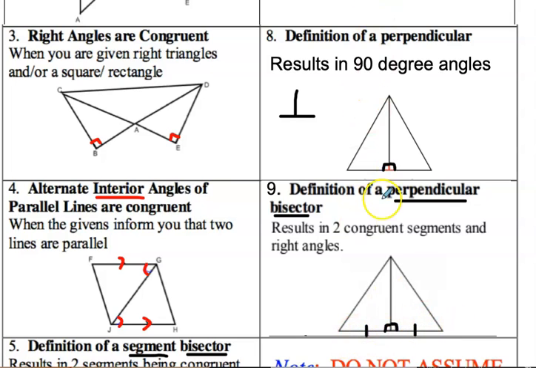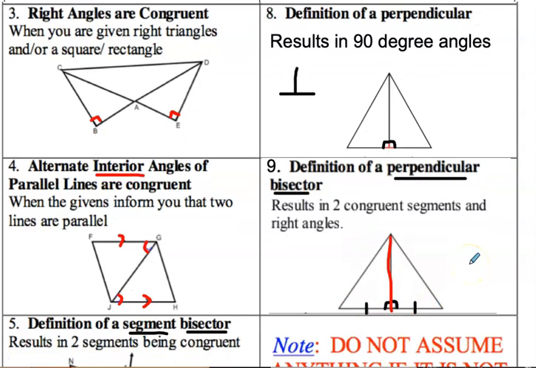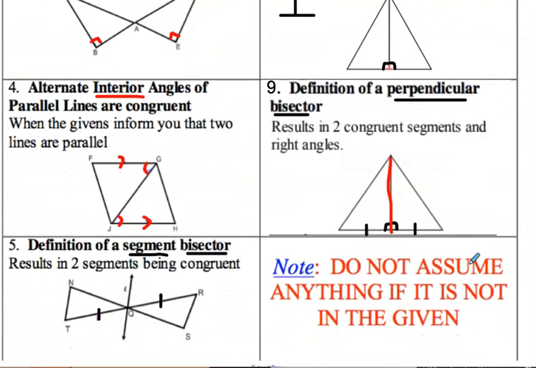So for example, this line right here is perpendicular, so it made 90-degree angles, and then it was a bisector, so it also made it into two congruent parts. Okay. Those are the most common things we're going to be dealing with for making marks in proofs and triangles.